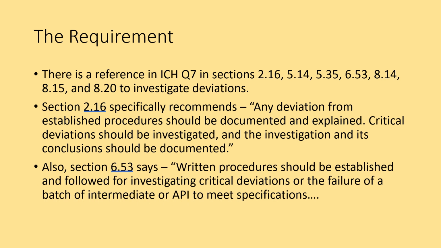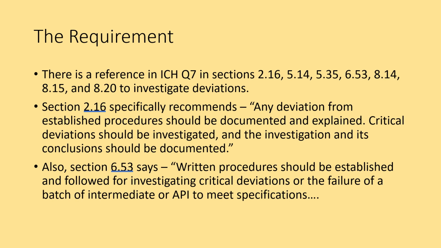Also, section 6.53 says written procedures should be established and followed for investigating critical deviations or the failure of a batch of intermediate or API to meet the specifications. So it is very important to see that the deviations are investigated for the root cause. This is the requirement as per the ICH Q7.